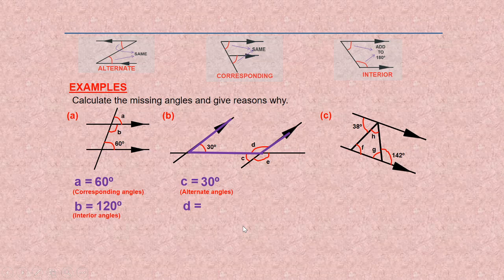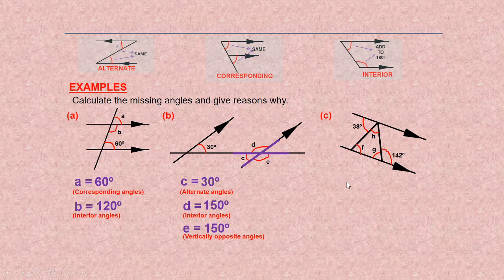Interior angles have to add up to 180, so D is 150, and I've used the interior angles rule there. And to work out E, we've got two straight lines that cross, so I can use vertically opposite angles are equal. If D is 150, E is exactly the same because they're vertically opposite angles.